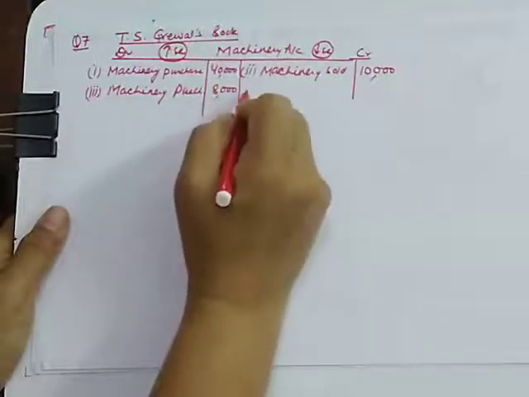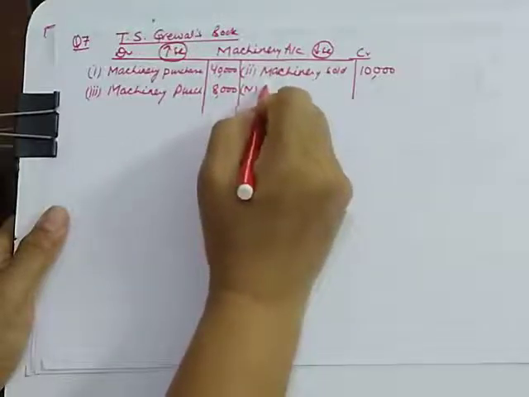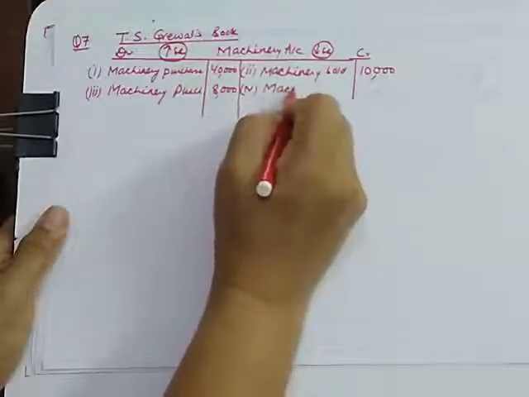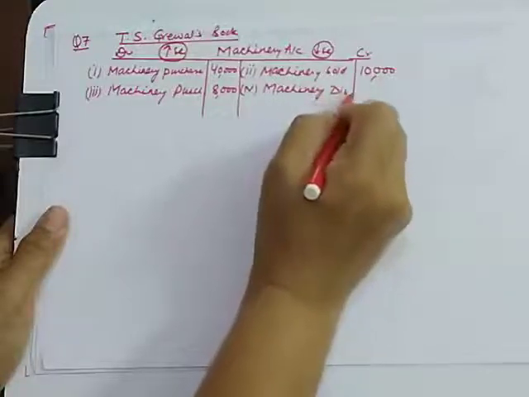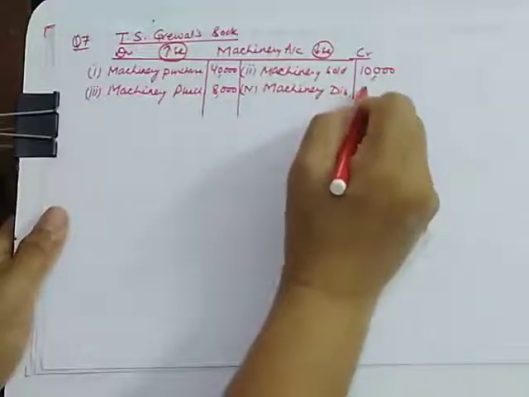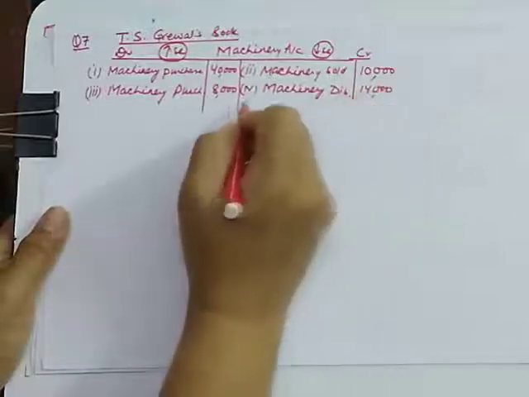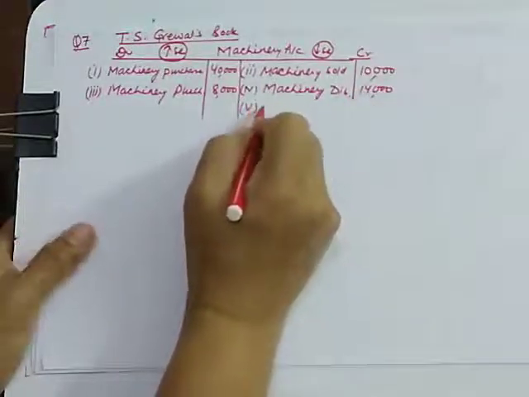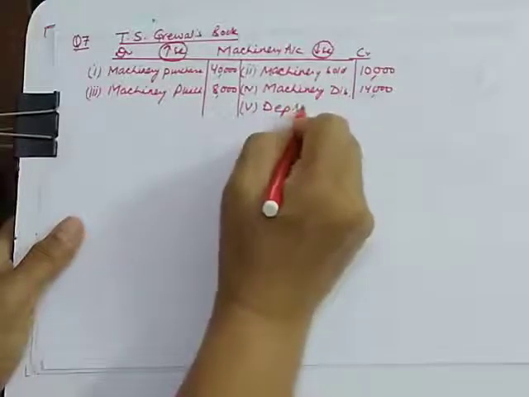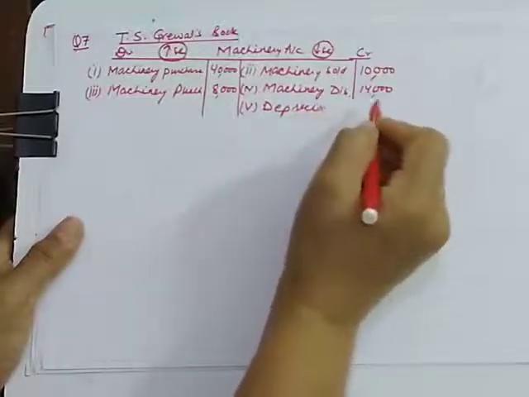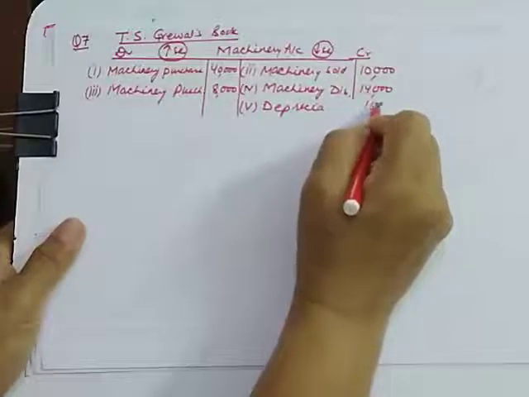Next, machinery discarded will be recorded here. It will reduce your machinery. Machinery discarded is 14,000. Then depreciation will also reduce your machinery. Depreciation on machinery is 1,000.